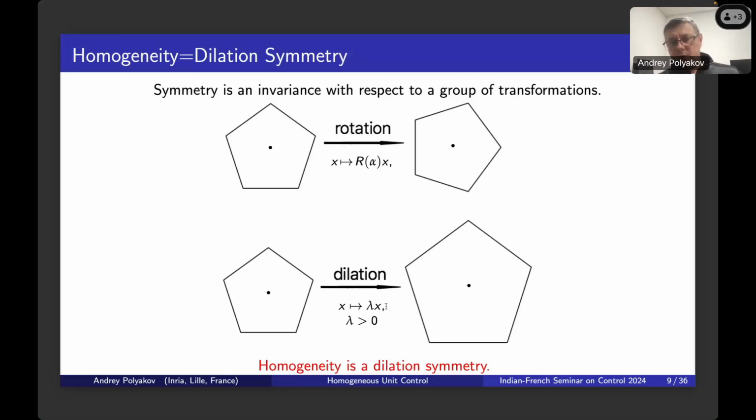Inversely, dilation is a scaling or zoom transformation that preserves the shape of the figure but changes its size. So we have an invariance of the shape of the figure with respect to dilation. Here is the simplest example of dilation: the standard dilation, when we take some vector from a vector space and multiply it by a scalar.